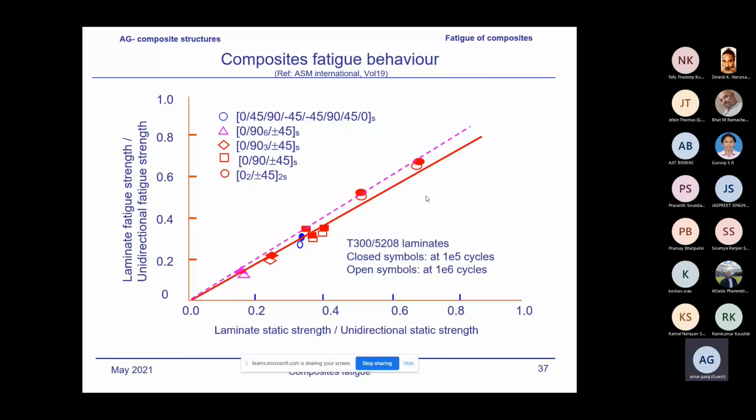Suppose they have tested 0 and plus minus 45: how many layers are there? 2, 4, that is 4 layers; 2, 8, 16 layers. Normally for T300 5208, the ply thickness would be about 5 thou, approximately 0.125 millimeter. So 8 layers will be 1 millimeter, which is pretty thin.